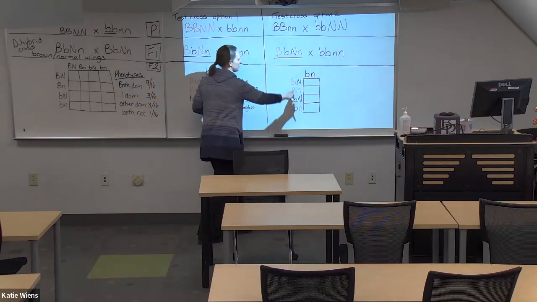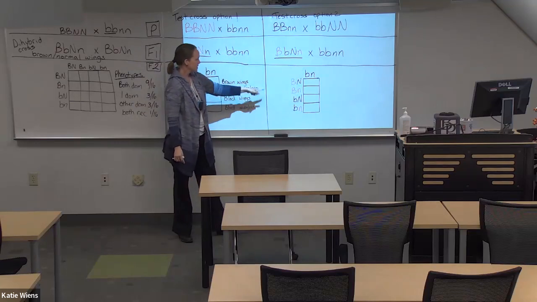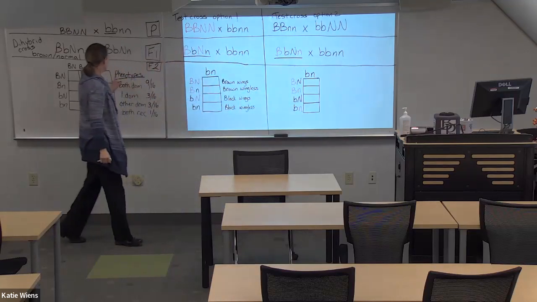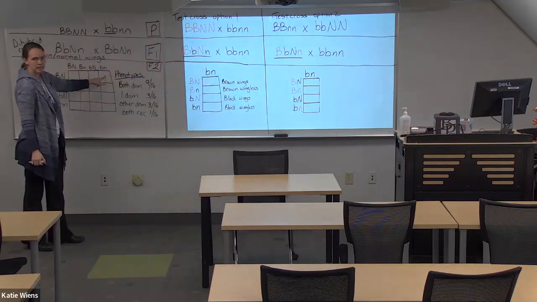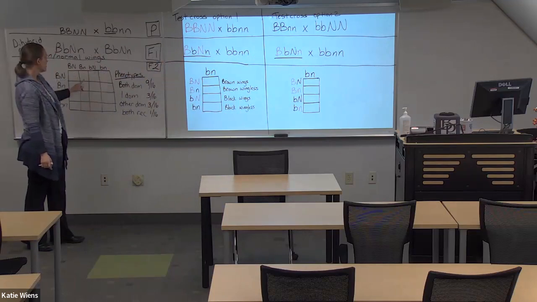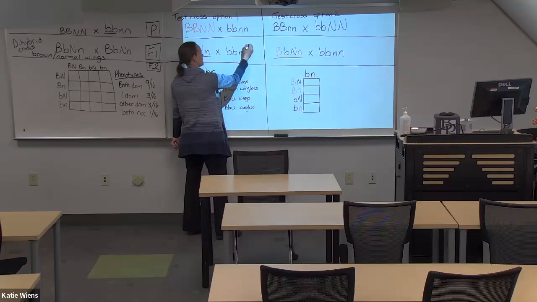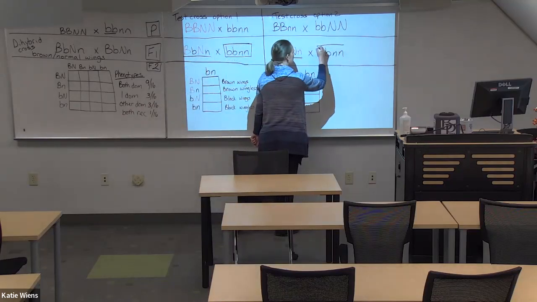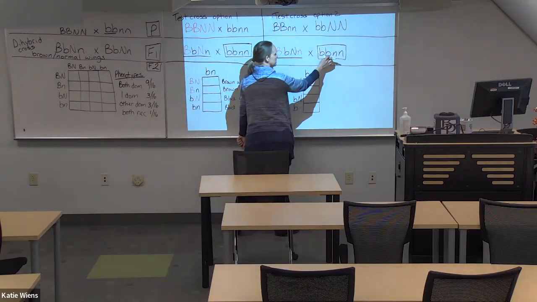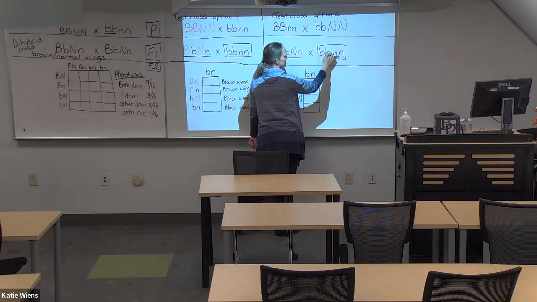So when we look down here in our simplified version, because over here we crossed two heterozygotes together, we had all these options. But in this one, we take the other cross in a test cross with those fully recessive, often male. And so that gives us only a recessive option.